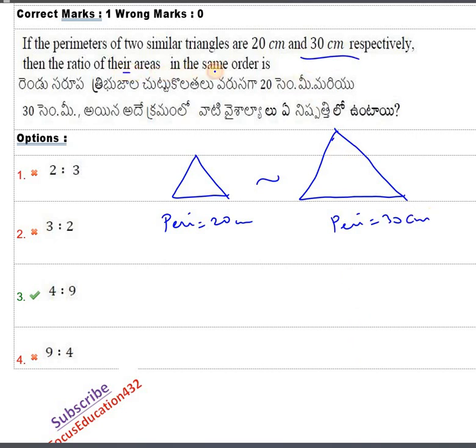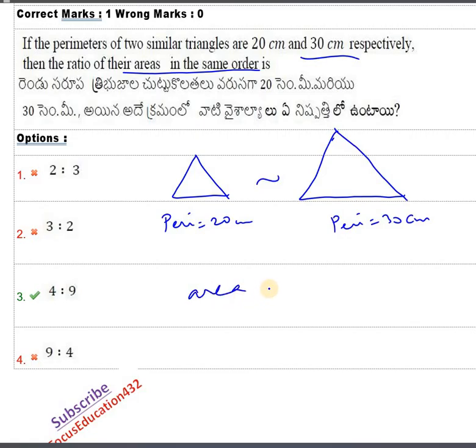Now the ratio of their areas in the same order, the first one is small, then the next one is big. If the perimeters are 20 and 30, there is one very important rule which compares areas and sides.